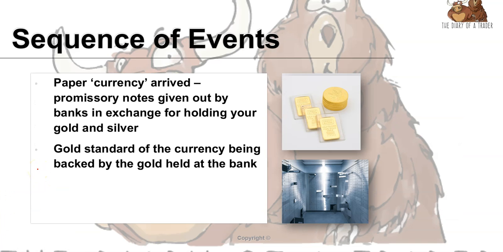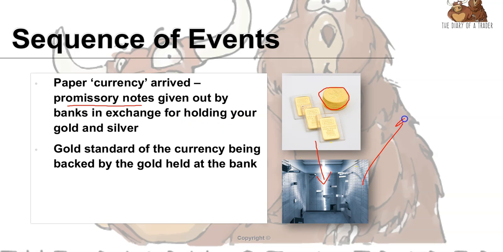After that, what we had was a paper currency. Out of the gold and silver coins that were deposited in banks, these banks then issued promissory notes, which are termed paper currency, for the gold that you held.